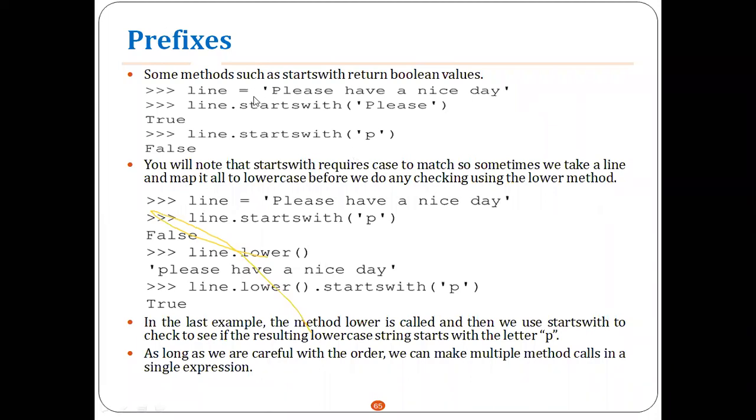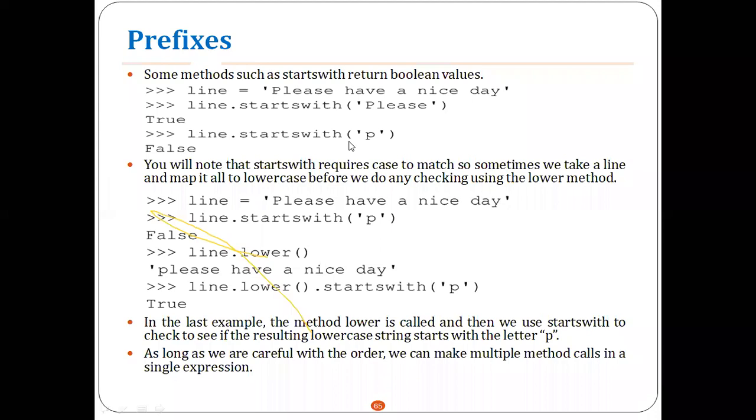Look at this one. Line is equal to "Please have a nice day". What I'm doing is looking for whether the line or the string object starts with "Please" or not. If it does, it returns a true value, stating that the string has started with "Please".